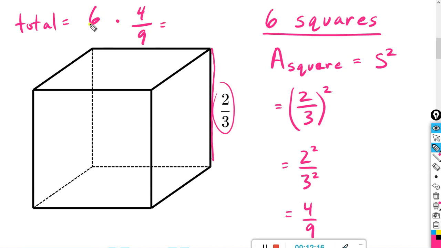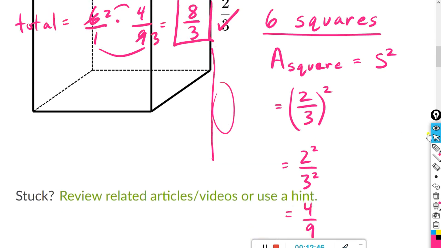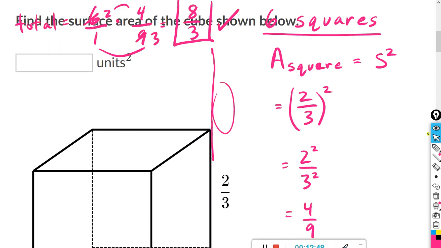It helps you to make this 6 over 1, still the same as 6. Then cancel before we multiply. 6 divided by 3 is 2. 9 divided by 3 is 3. Multiplying numerators, 2 times 4 is 8. And denominators, 1 times 3 is 3. So that is the final answer, 8/3. So just click inside the box and type 8/3.